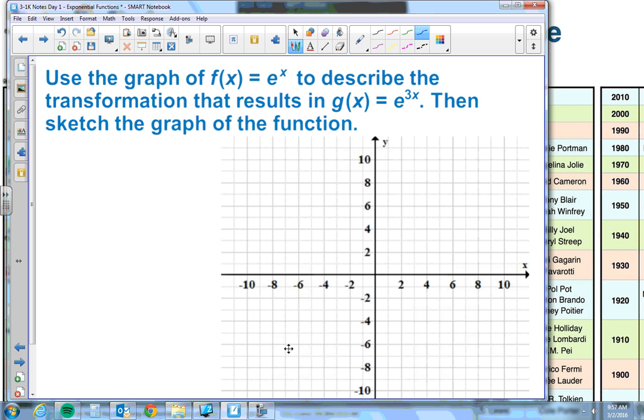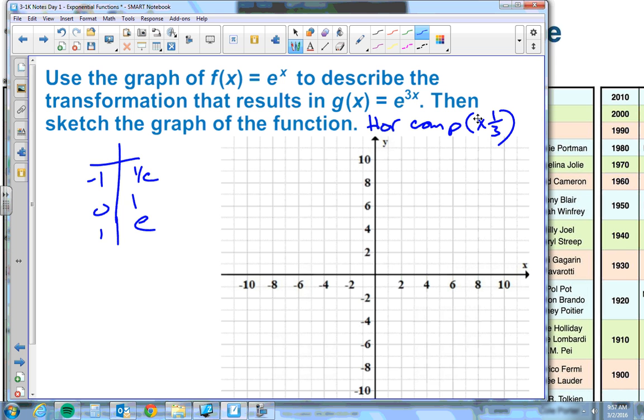Let's go back and do this one now. It's the parent function transformed how? Horizontal, actually do the opposite. Yeah. So that's compression by a factor of 1/3. The opposite of tripling is taking a third of, which means we need to take a third of our x values.